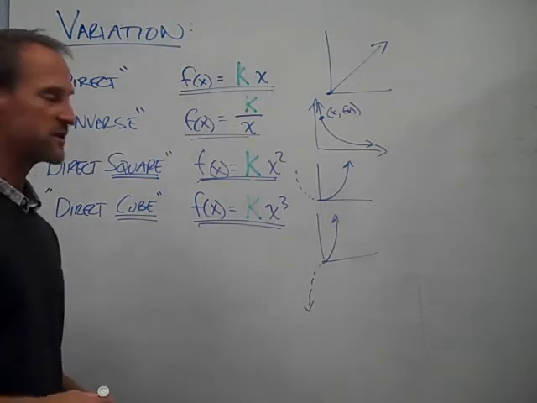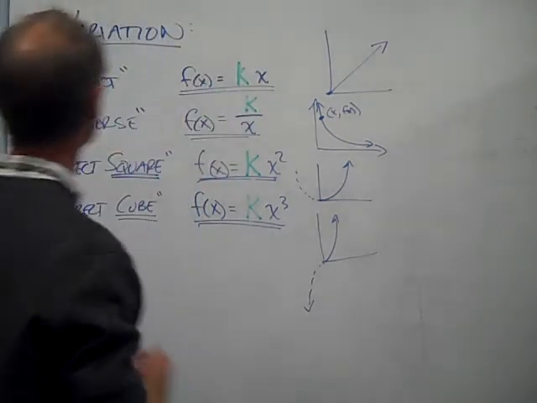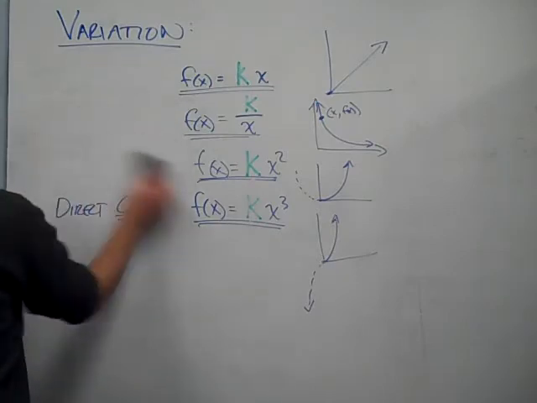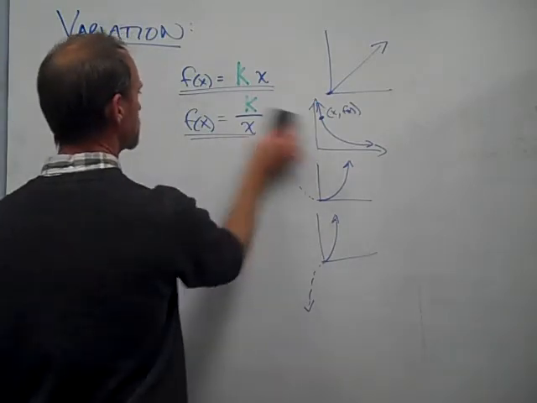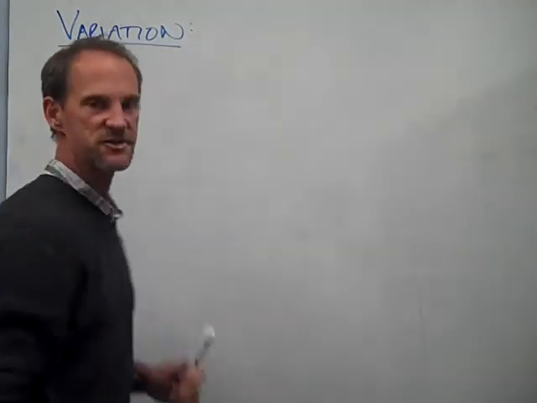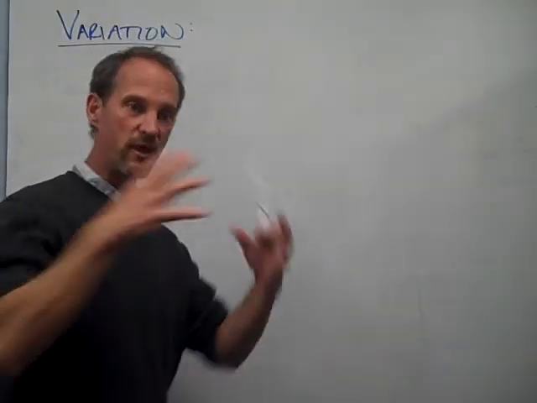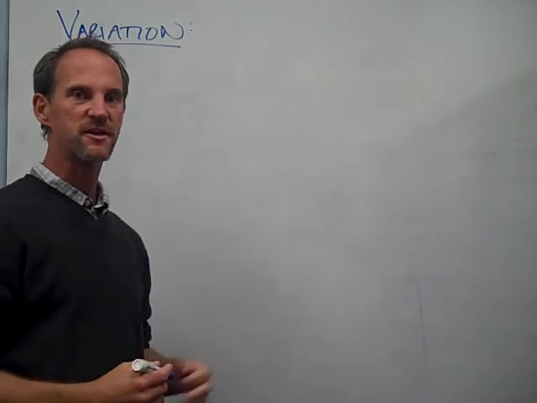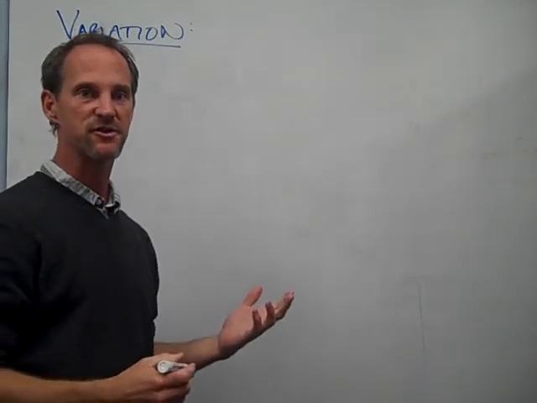Okay, so let me try a little example then. Suppose we happen to know that a certain wind generating turbine will make a certain amount of electricity. Okay? Wind is a volume. It's a three-dimensional quantity, so it turns out that it's a cubic variation. Okay?